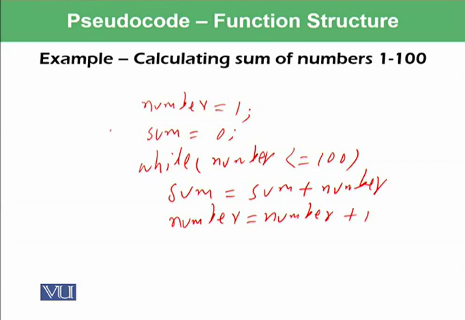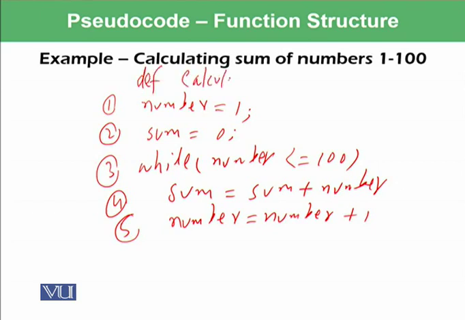So we know this code. This has 5 statements, and we can give it a name: def calculate sum 100, with small brackets and then a colon.